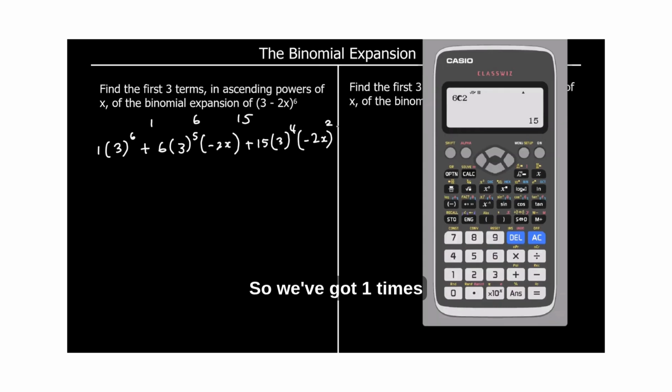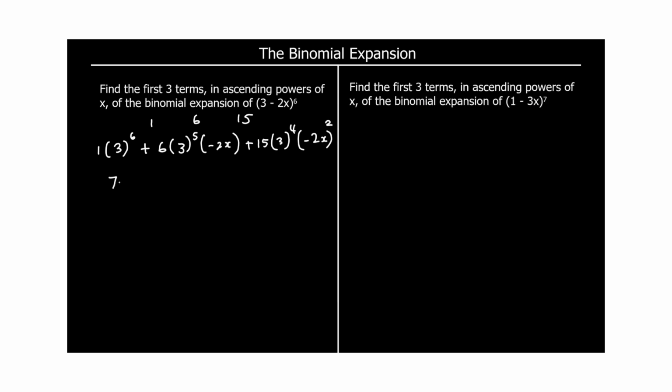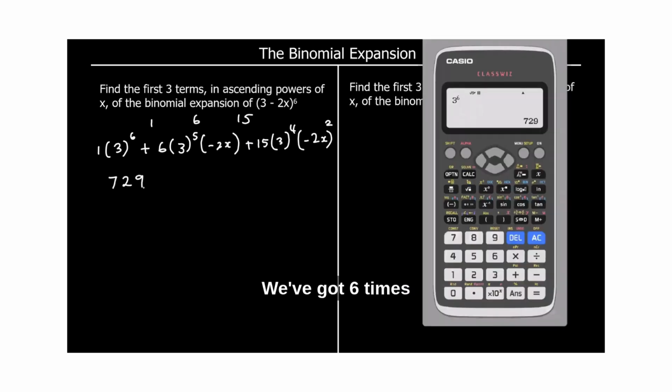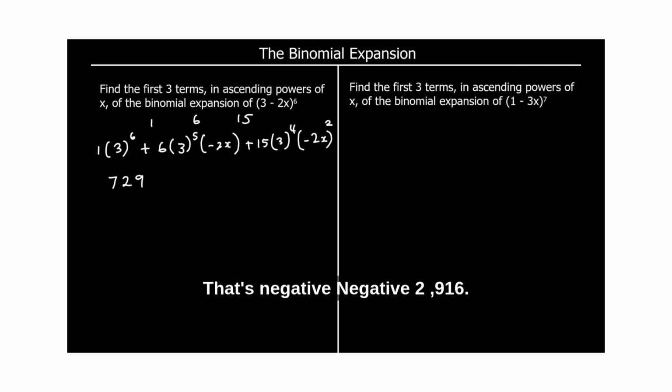So we've got 1 times 3 to the power of 6, which is 729. We've got 6 times 3 to the power of 5 times negative 2 to the power of 1. That's negative 2,916. And that's our x term.